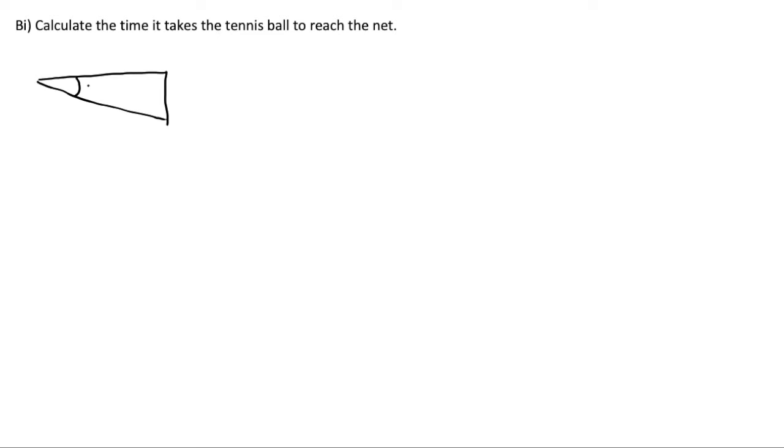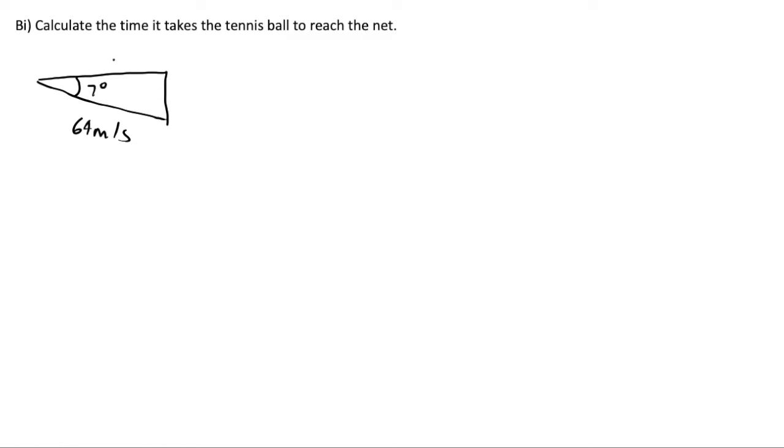So they said there was 7 degrees to the horizontal, and we know that the ball travels at a speed of 64 meters per second after it's been hit by the racket. This 64 meters per second comes from the horizontal and the vertical speed.